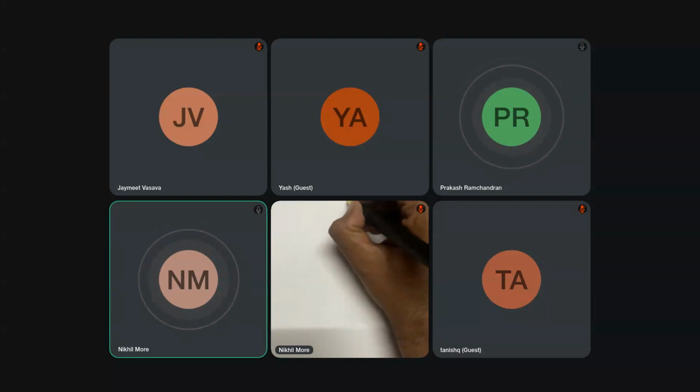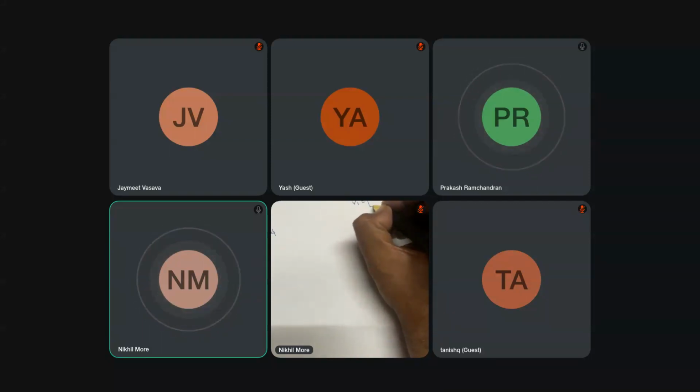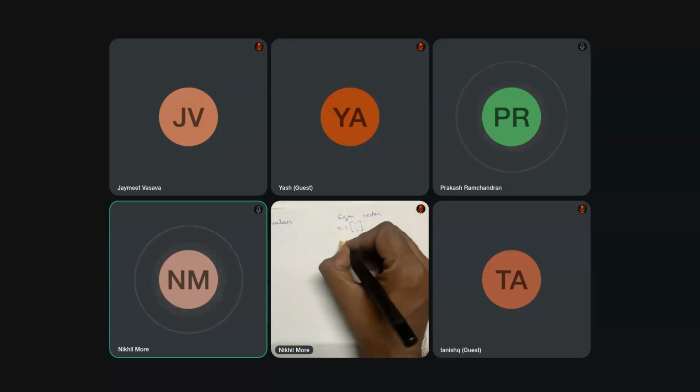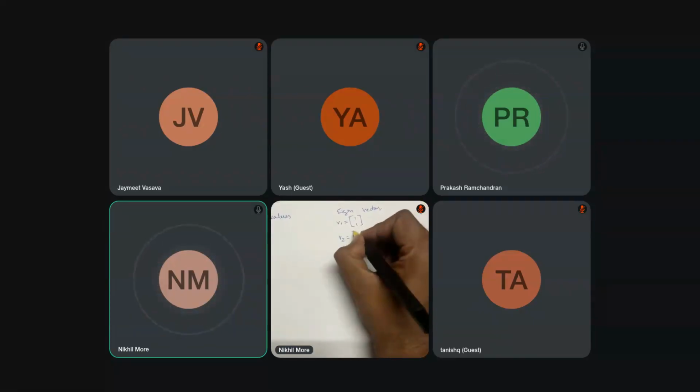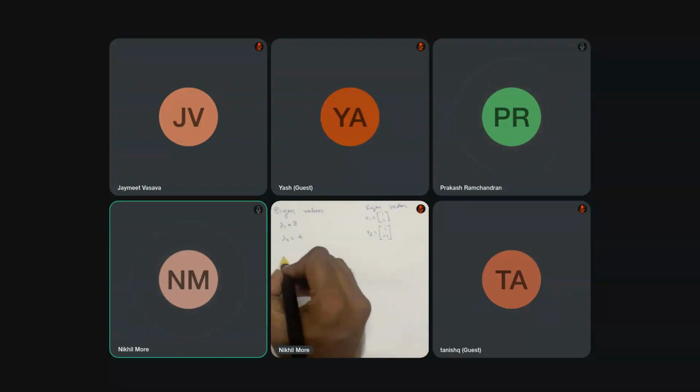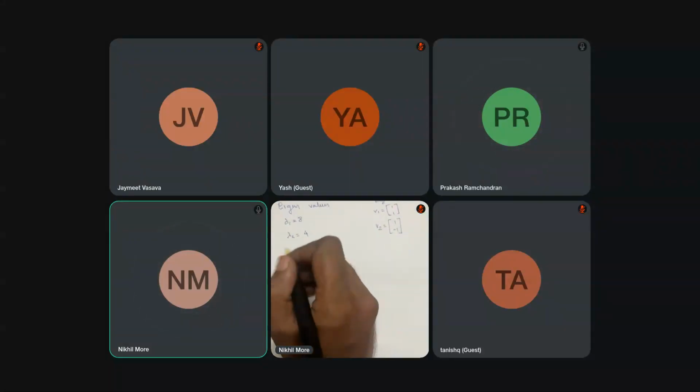Eigenvectors corresponding: v1 is 1 1, and eigenvector v2 is 1 minus 1. The given A, we don't know A, and they are asking us to find what is A, right?